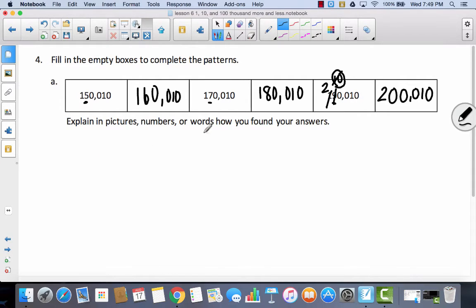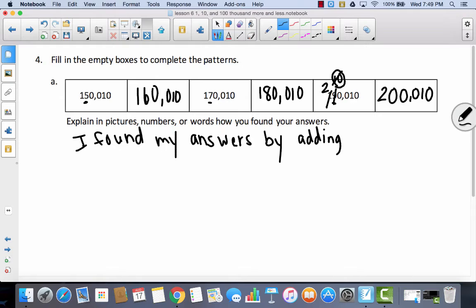That would work, but I'm just going to use words this time. And I'm going to say, I found my answers by adding 1 to the 10,000s place.